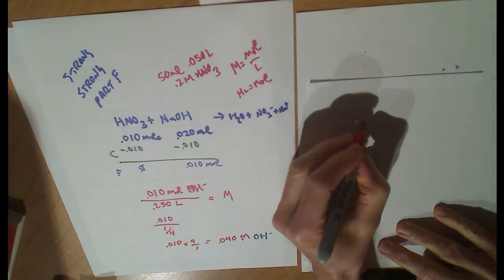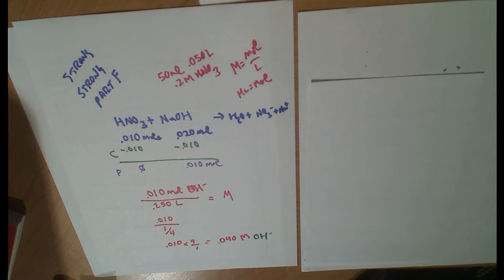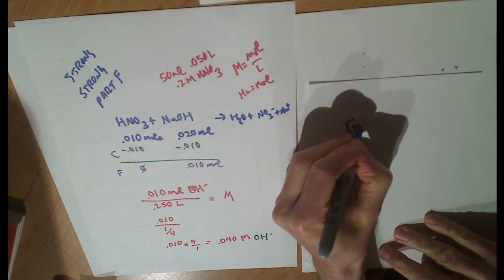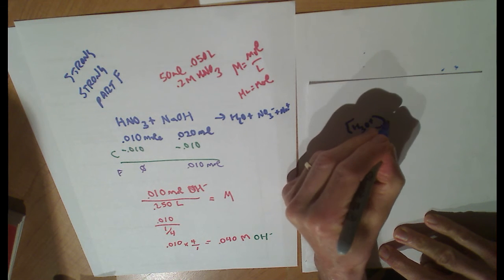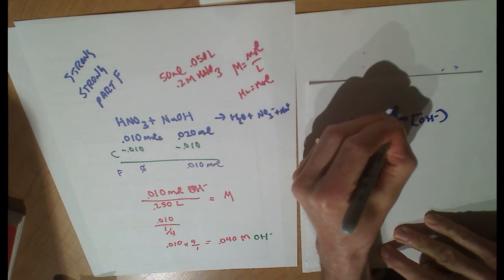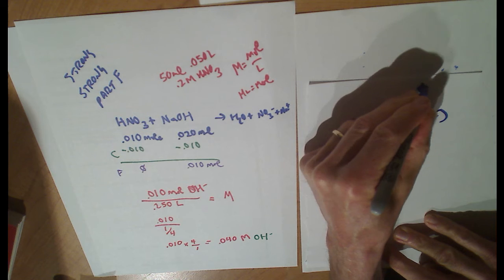You'll remember that concentration H3O plus from concentration OH minus, we're going to use 1 times 10 to the negative 14th.